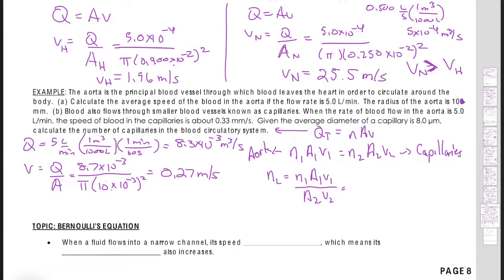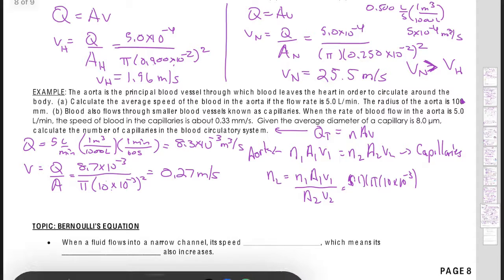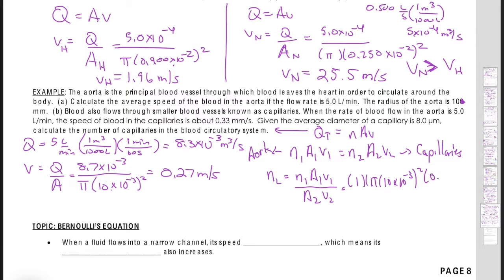So you only have one aorta, and we know it's going to be pi times 10 to the negative 3, squared, times 0.27. Sorry, the stylus is kind of messing up a little bit. Although we know it's just going to be the 8.3 times 10 to the negative 3.